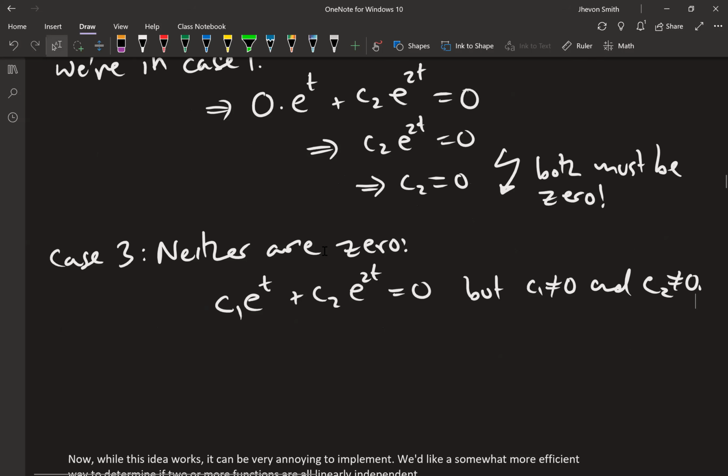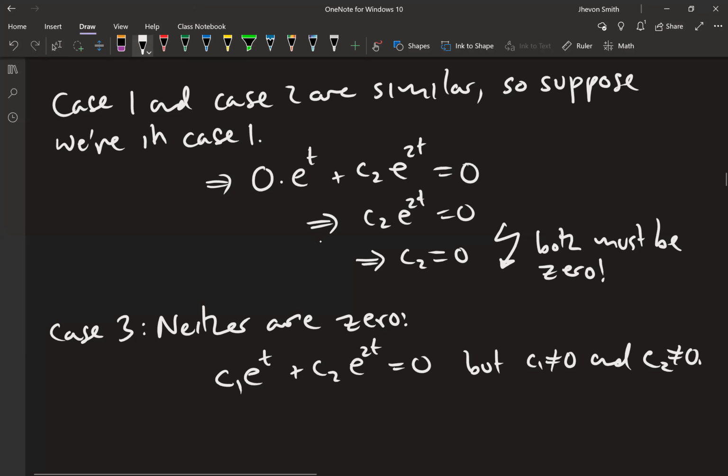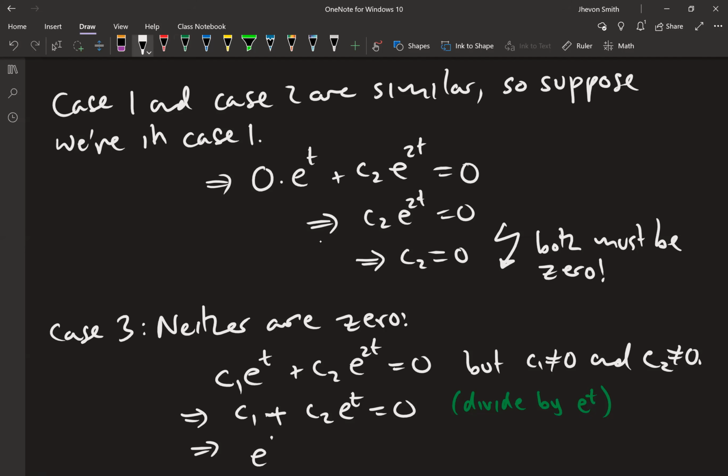Here's something that I could do though. I could divide through by e to the t because it's an exponential. And then notice now I can solve for e to the t.